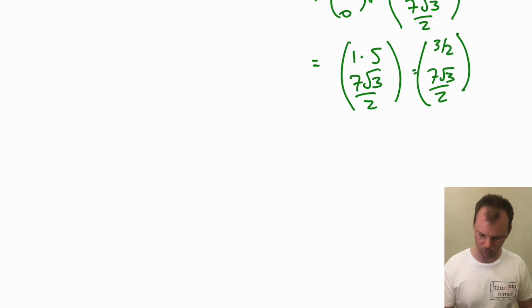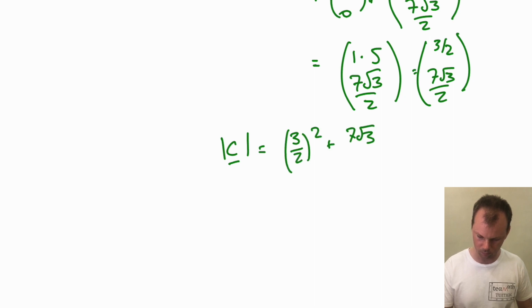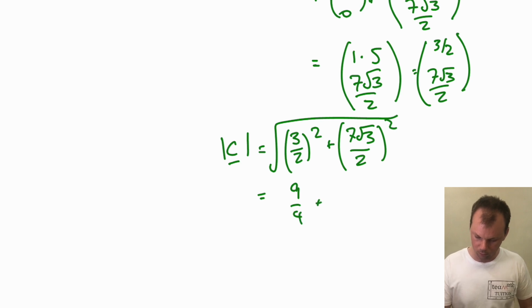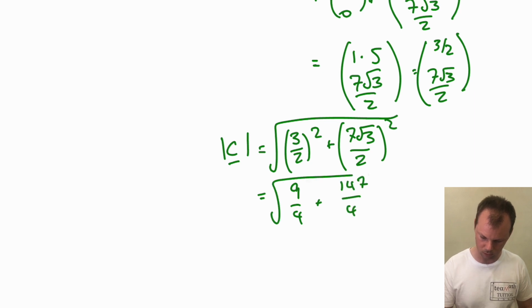So for polar form, we need to know the magnitude of C. You can just pop that into your calculator, or you can get 9 on 4. 49 times 3 is 147 on 4. Which is 156 on 4.